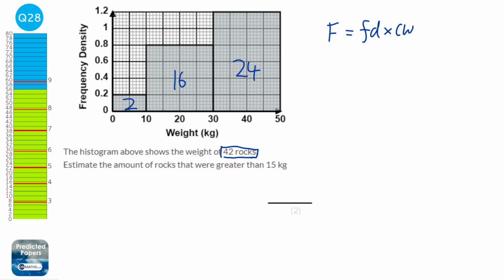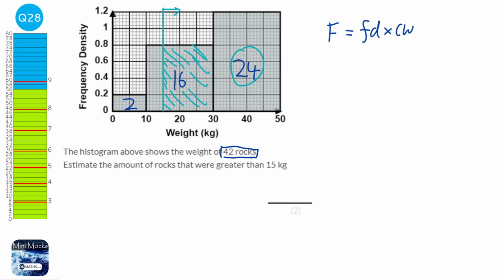Okay, now it says to estimate the amount of rocks that were greater than 15 kilograms. So we're going to draw a line up from 15 kilograms, and we're looking for all the values that were to the right of that line. So we know that there are 24 definitely, because all of that bar is to the right of that line. And we've just got to work out what proportion of this bar is to the right of that line.